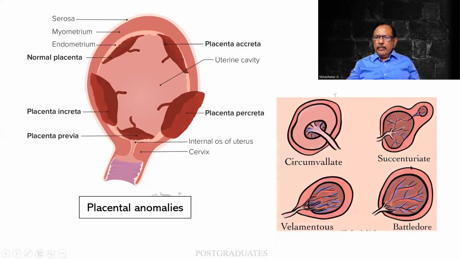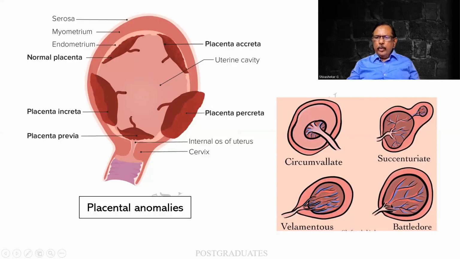And the various abnormalities also: succenturiate, there is an accessory placenta over here; circumvallate, where the placenta ends over here and there is a huge membranous area surrounding it. Filamentous: the placenta is supposed to be covered by the membrane and the cord itself is free of the membrane, but in this case the membrane goes into the cord also.